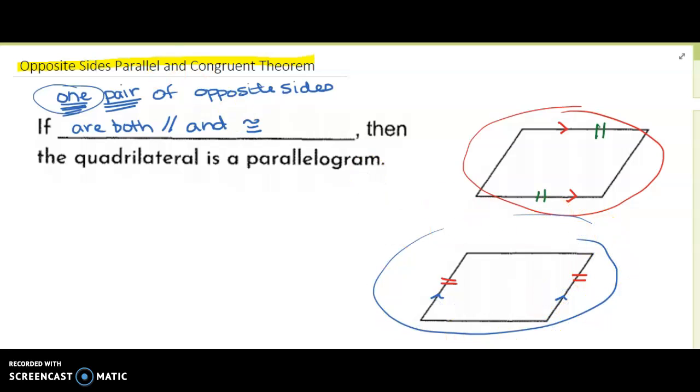What you can't have is one side parallel and the other side congruent. That would not be a thing. It has to be the same pair of sides that are both parallel and congruent.